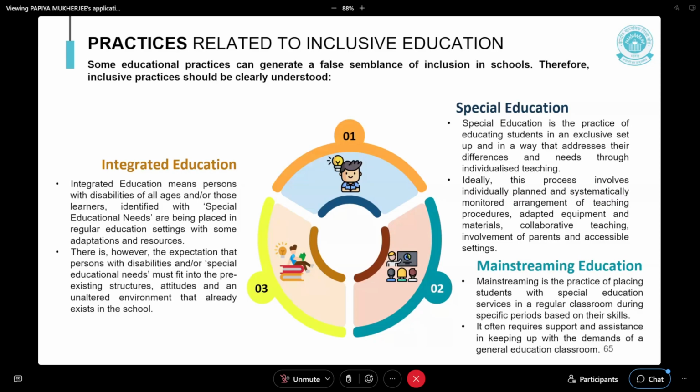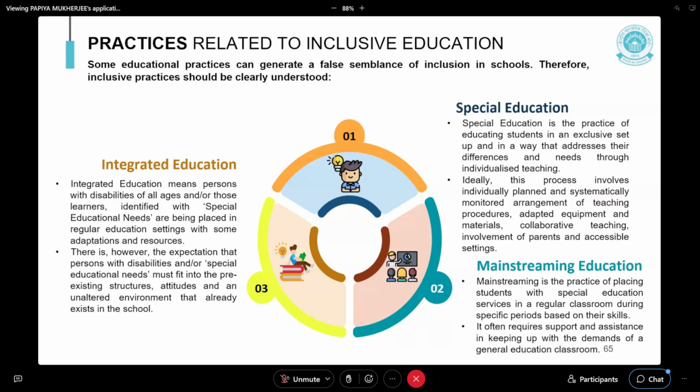Special education is a practice of educating students in an exclusive setup, in a way that addresses their differences and needs through individualized education plans. This is a process whereby we individually plan, systematically monitor teaching-learning procedures, have adapted equipment and materials, collaborative teaching that involves parents, and an accessible setting.